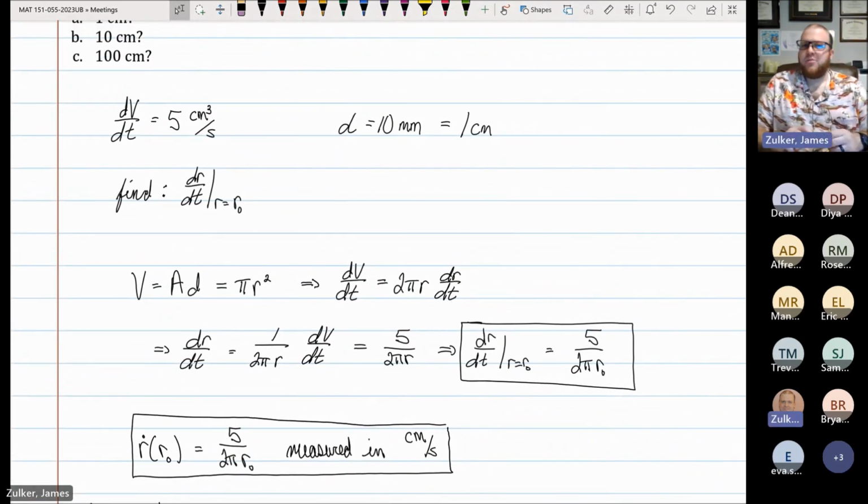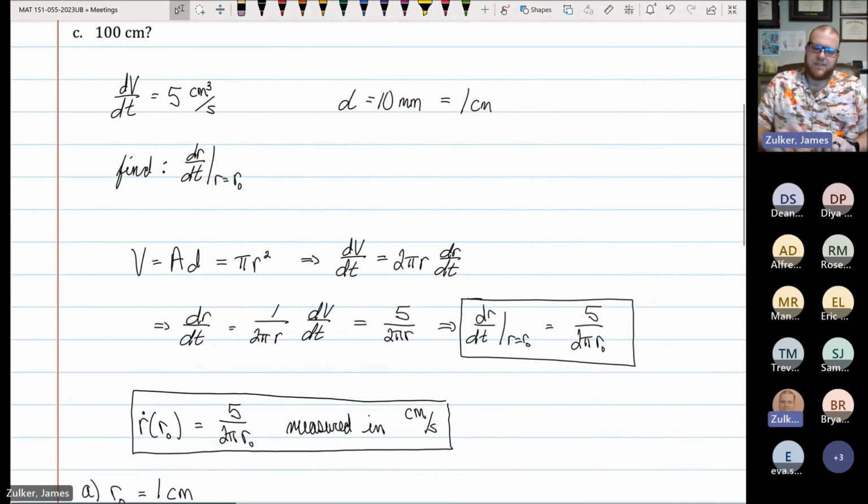Then usually the toughest part, you need a model. And so you need a relation for your knowns and unknowns. Differentiate it. And then solve for the unknown that you want to find.